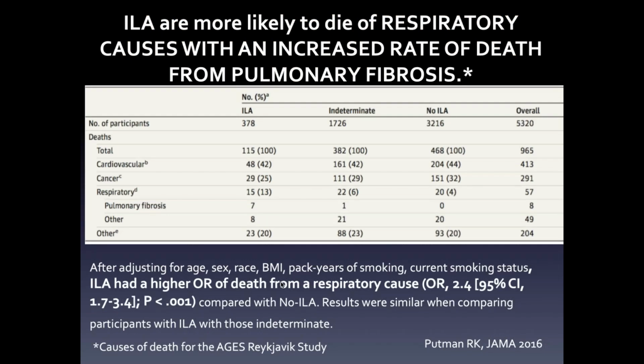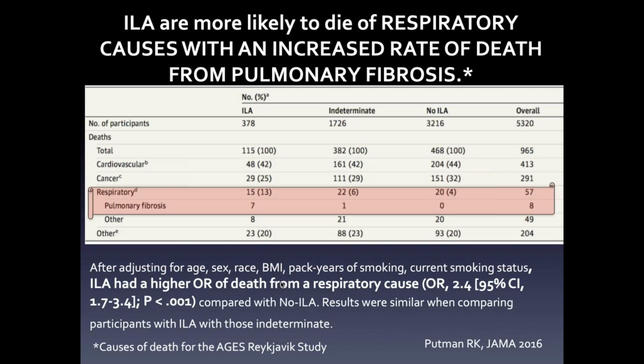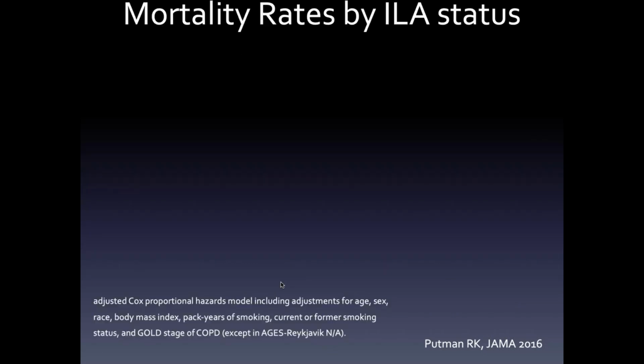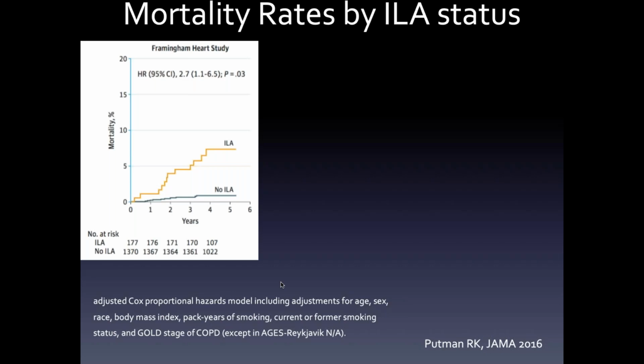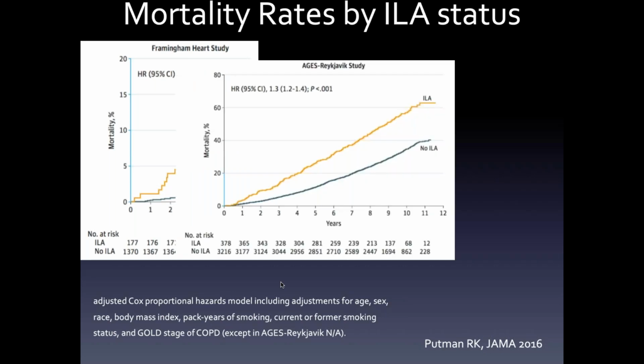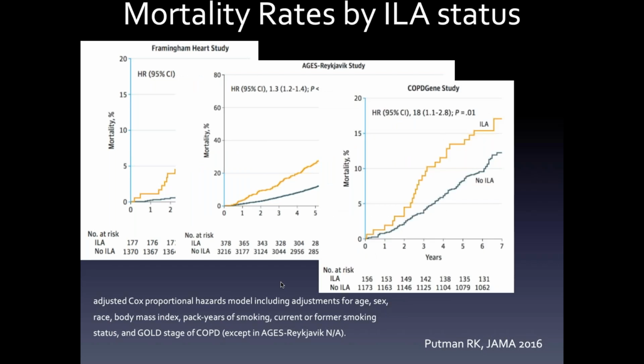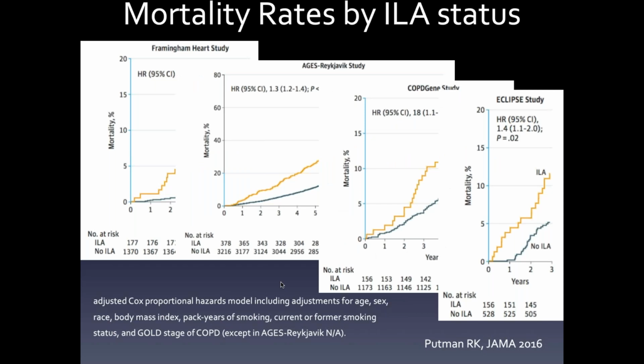And this increased rate of mortality is due not only to all causes, but also to pulmonary fibrosis. We know that this mortality is increased in all the studies published so far. So ILA is a clear risk factor for increased mortality in these subjects.